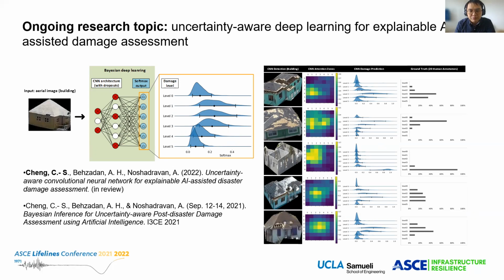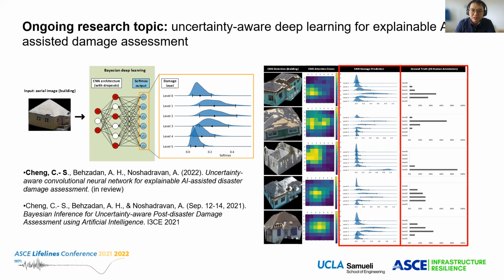Also, we compare the prediction performance to the 20 crowd annotators, as shown in the figure on the right-hand side. By looking into the last column, which shows the result from human annotators, these figures show the various opinions on the damage level determination from aerial images.